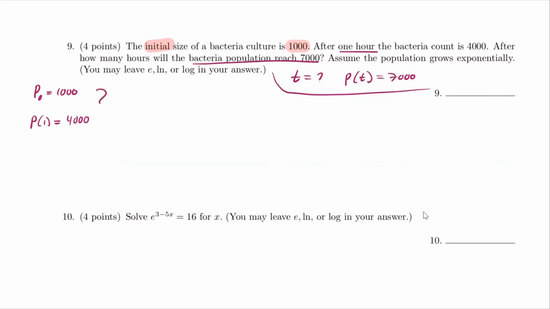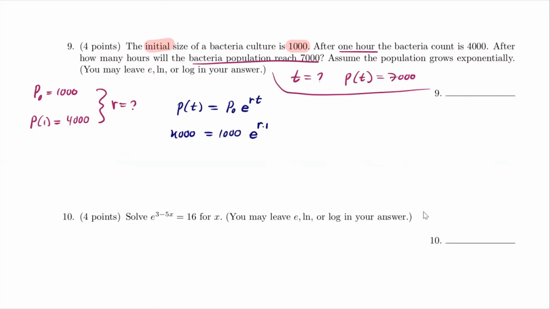So using these two pieces, we can figure out the rate. So let's find what is r. So I'm going to go ahead and use the formula. The amount at any given time t is equal to the initial amount times e to the power of rt. So we need the amount after 1 hour. So this is 4,000 is equal to, we know the initial amount, so that's 1,000 e to the r, we don't know, times 1.